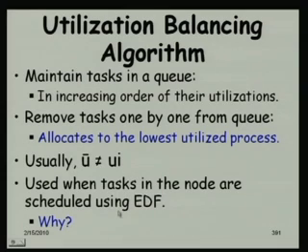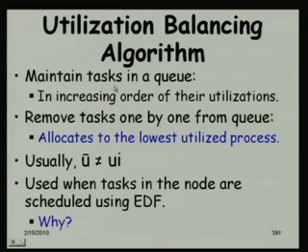So, let me give it as a bonus problem. Please write a small program that will generate tasks of various utilization, and then it will automatically allocate using this algorithm.